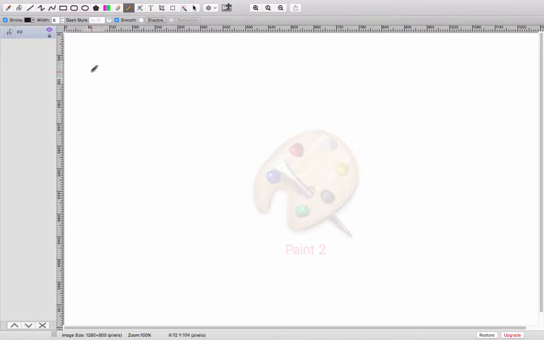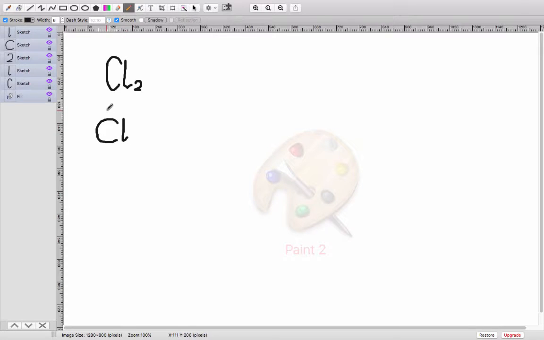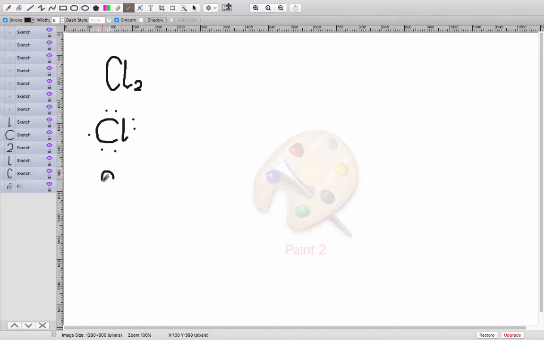So the first one we're going to do is chlorine. So that's chlorine gas. Its formula is Cl2. We can also draw that like this. So we have chlorine, and it has its 7 valence electrons because it's a group 7 element. And we have 2 of these.